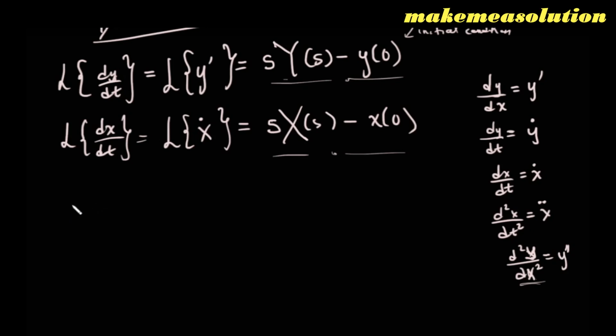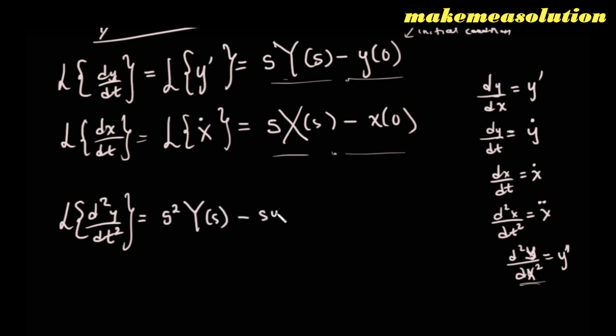So you also want to find the Laplace transform of d2y by dt squared. That's the second derivative. For the second derivative, your Laplace transform is s squared Y of s, minus s y of 0, minus y prime of 0.